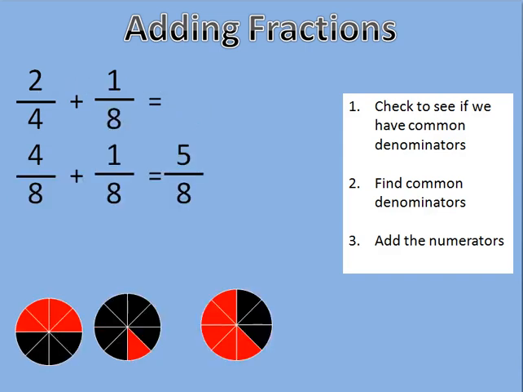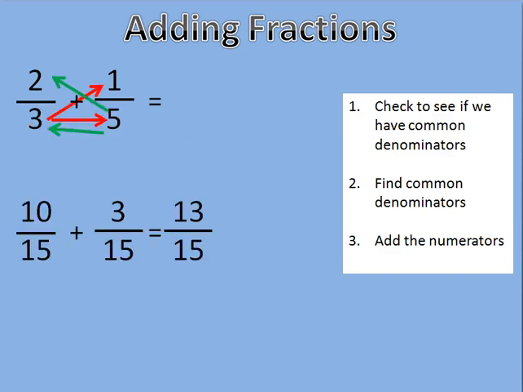The second one, 2/4 and 1/8, when the larger denominator 8 is a multiple of 4, and I can just multiply this fraction by 2, so my denominator equals 8 and I have the same denominator. Or the last one, when my two denominators, one is not a multiple of the other, and I have to multiply each fraction by the denominator of the other fraction.